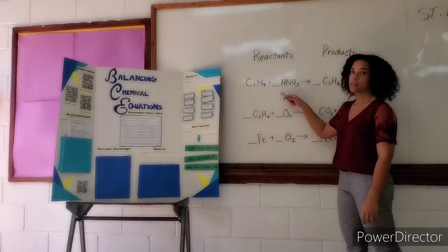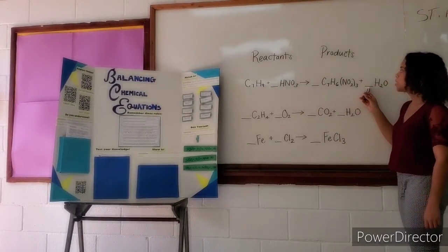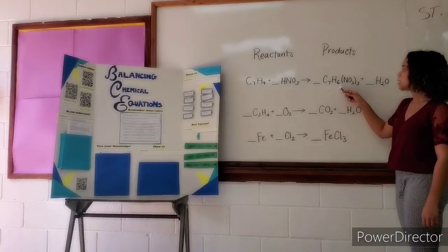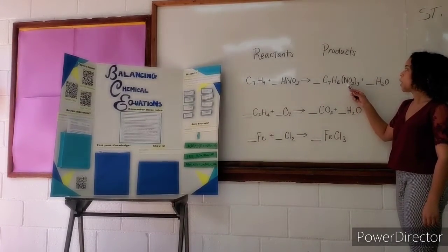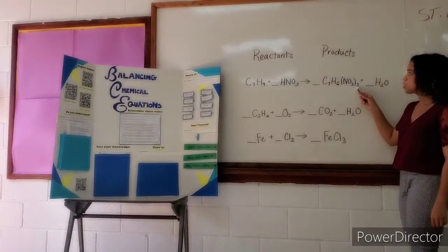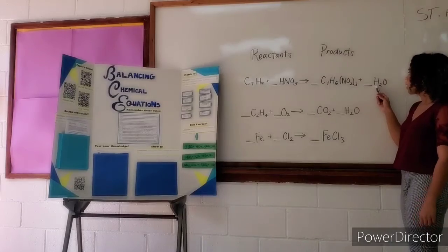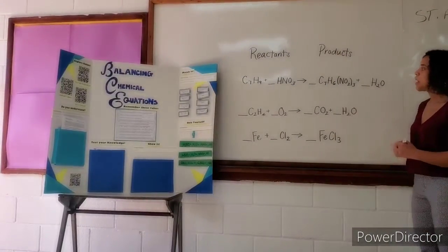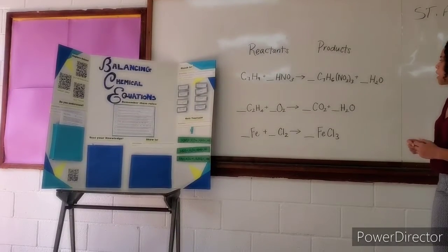These are our reactants. On the right side, we have 7 carbon, 6 hydrogen, 3 nitrogen, 6 oxygen, 1 water molecule.